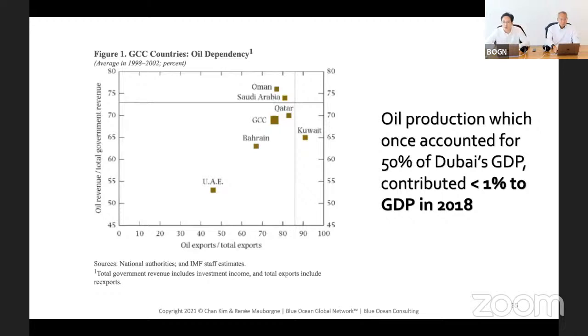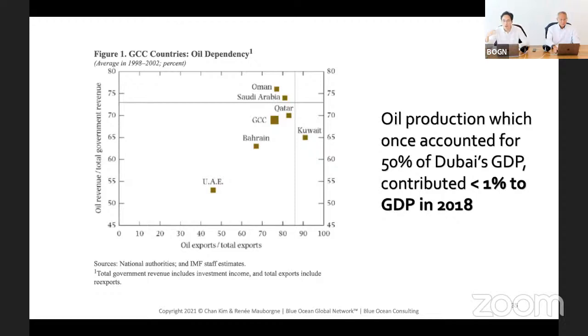If you look at this chart here, this is an illustration of oil dependency in the GCC countries, the Gulf Cooperation Council countries, right? Between 1988 and 2002, you see that UAE's oil dependency was high, but it was already much lower than comparable countries who were also oil exporters.